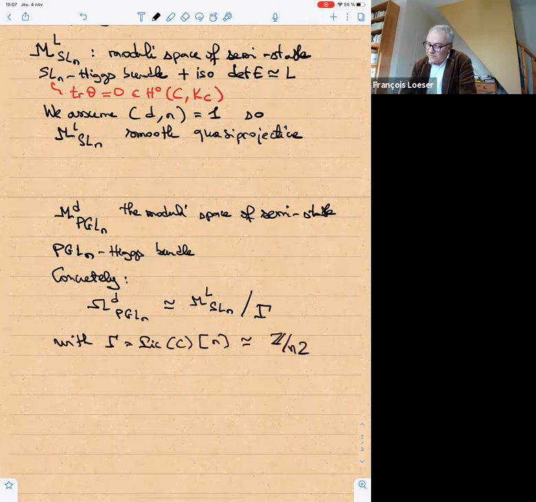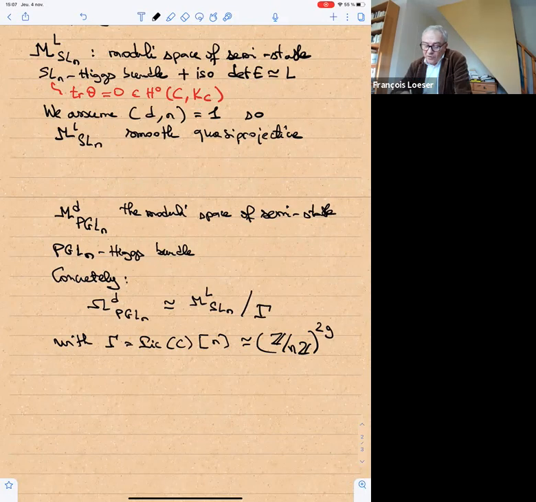So it's a finite abelian group. And how does gamma act on this? Just by tensorization.